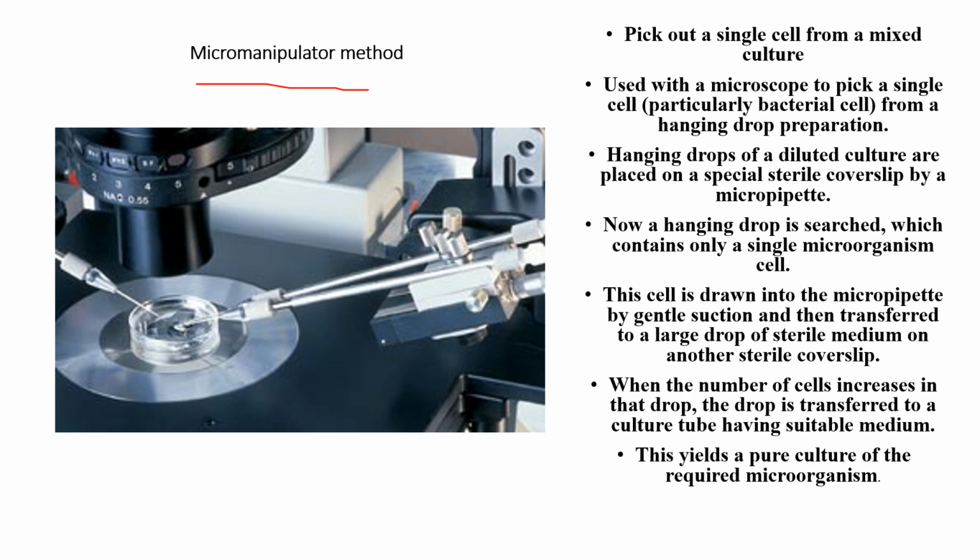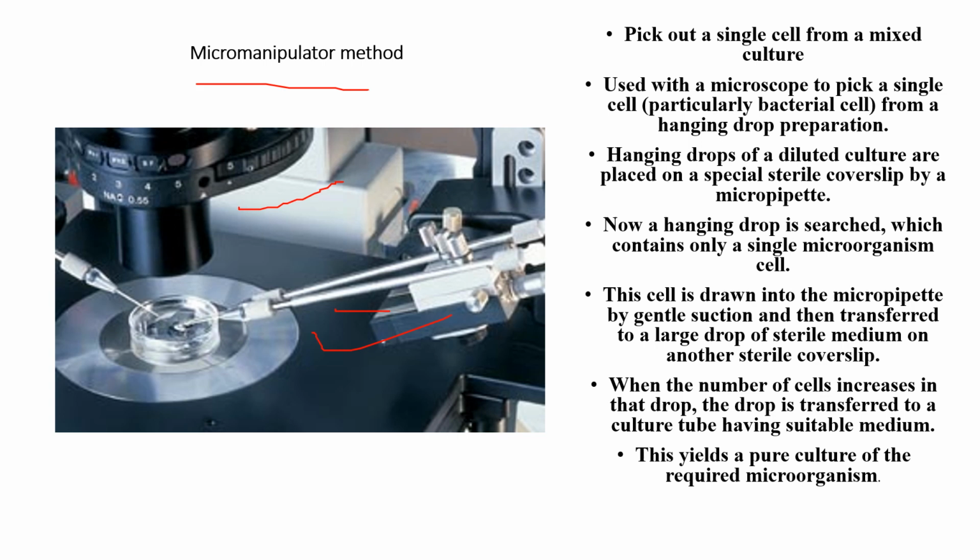The micromanipulator has micrometer adjustment by means of which its micropipette can be moved right and left, forward and backward and upward and downward, as you can see in this picture. This is the micromanipulator containing micro needles or capillary needles which is connected with the microscope. With this we can select the single drop containing a single type of microbial cell.